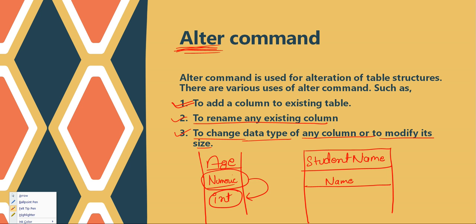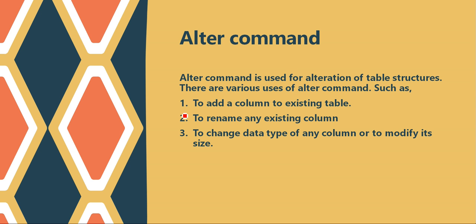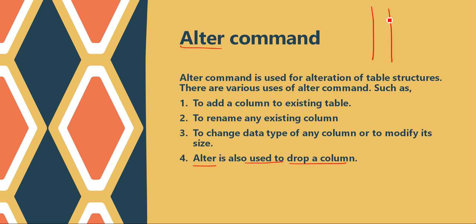So up to now we have seen three tasks which we can perform using this alter command. And the next one is, alter is also used to drop a column. Drop means to delete a column. Let's say I don't want this age column to be there. I want to delete this age column. So again, to drop, which means to delete a column, you need to use this alter command.